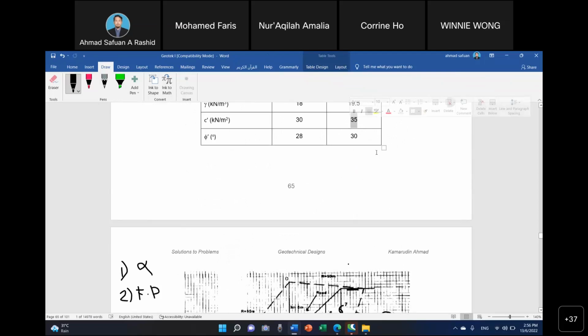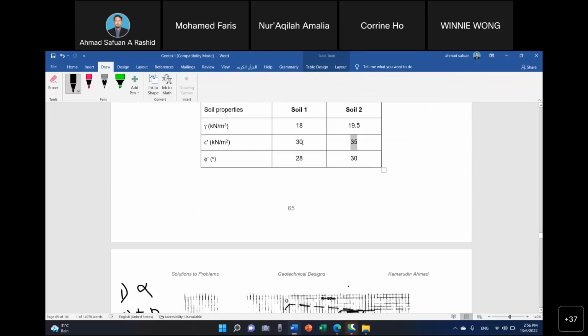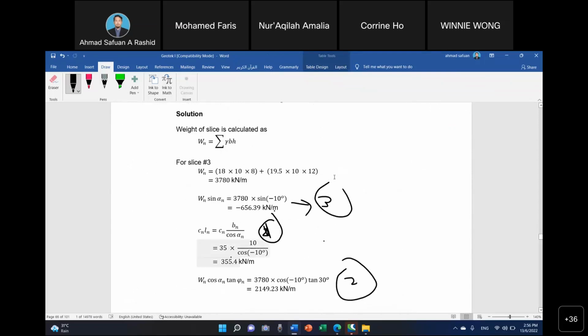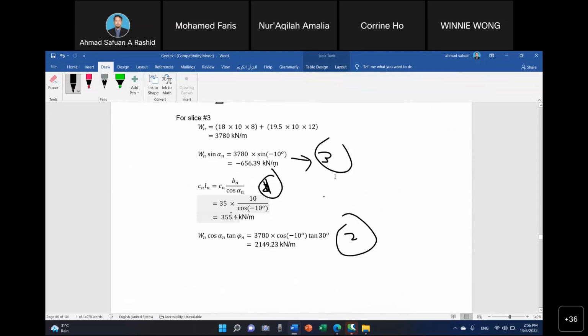That is for the phi. So do not use 30 because it is soil number 2, not soil number 1. So the value is 355.4. Then for the W cos alpha tangent phi, the value is 2,149.23. So that is for slice number 3.